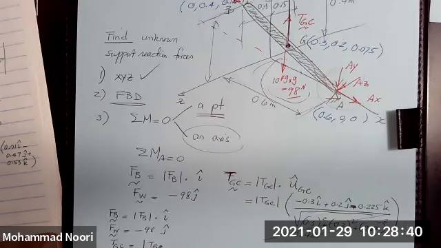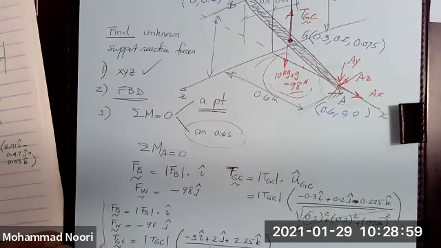So I have TGC times negative 3 i plus 2 j plus 2.25 k divided by 4.25. So these are the three forces.